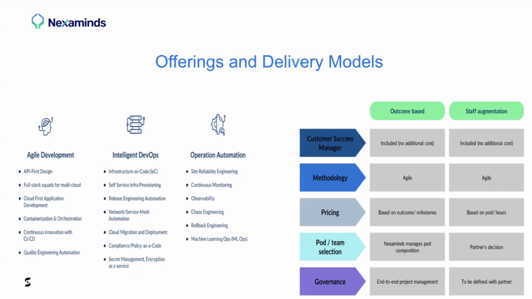For outcome based, it is tiered into deliverables, milestones, while staff augmentation is obviously based on hours and pod sizes. And for team composition, we manage the pod ourselves and let the partner decide depending on what kind of model that you want.